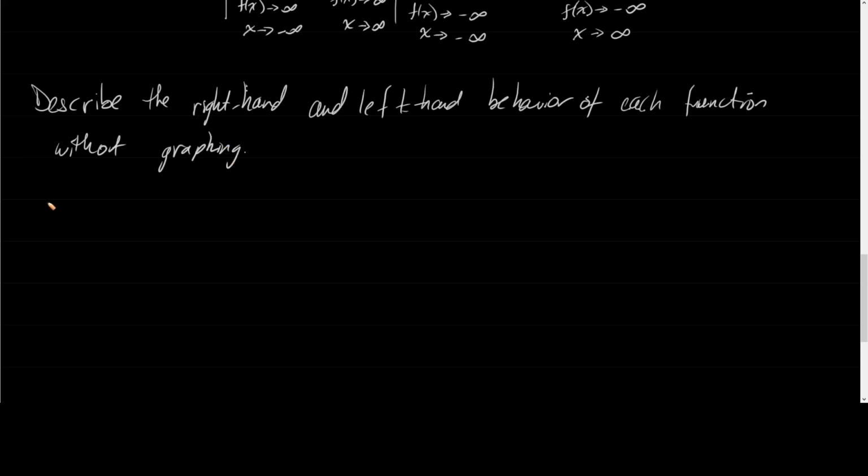All right, so let's say we had f of x equal to 1/4 x cubed minus 2x.